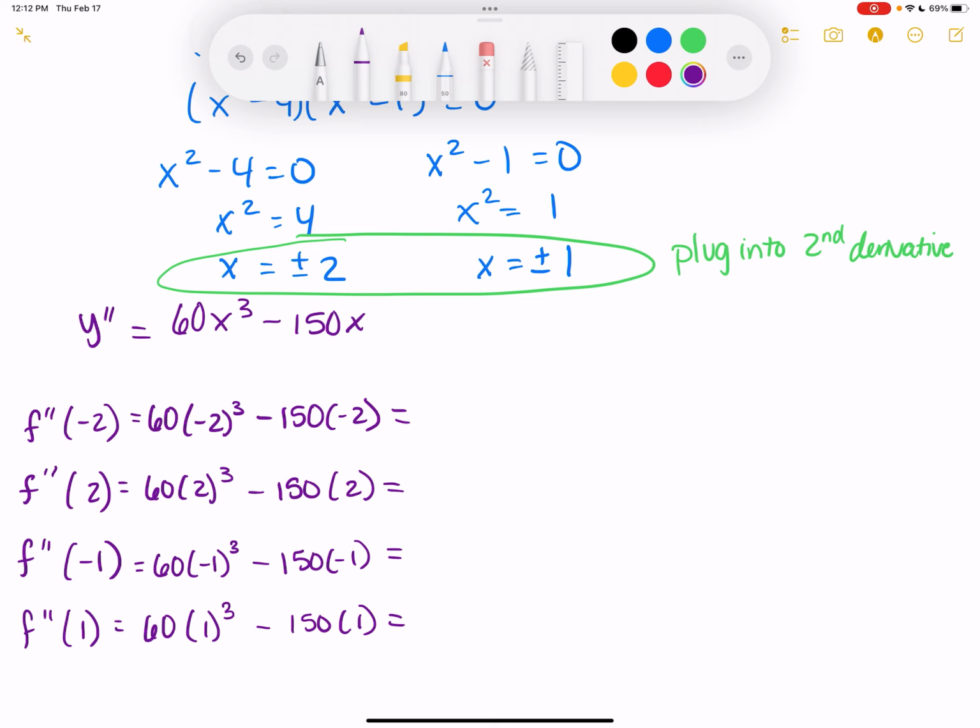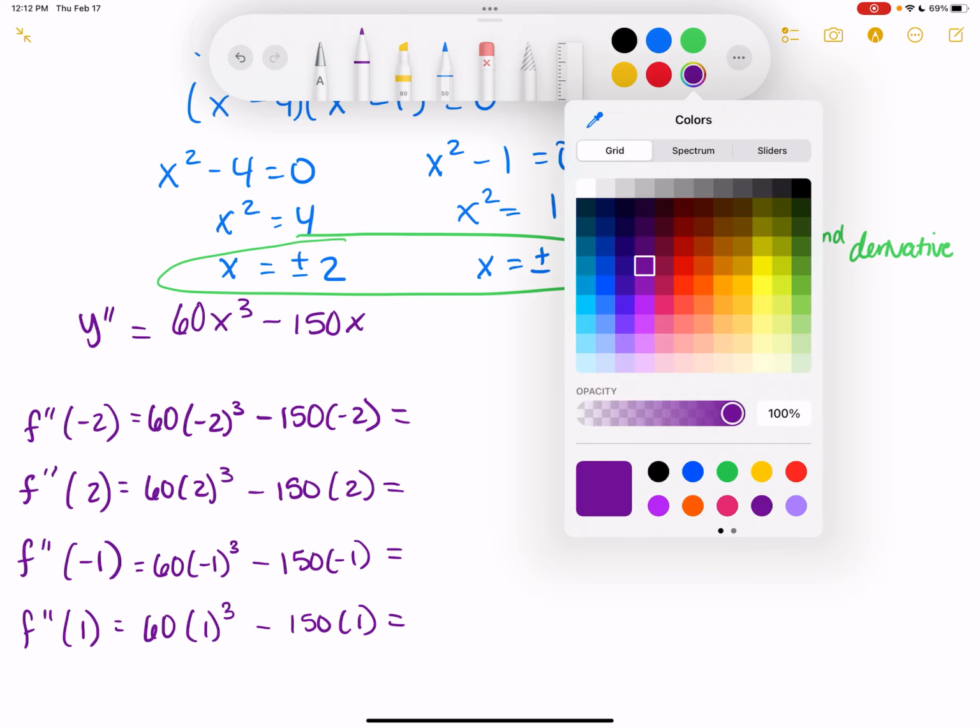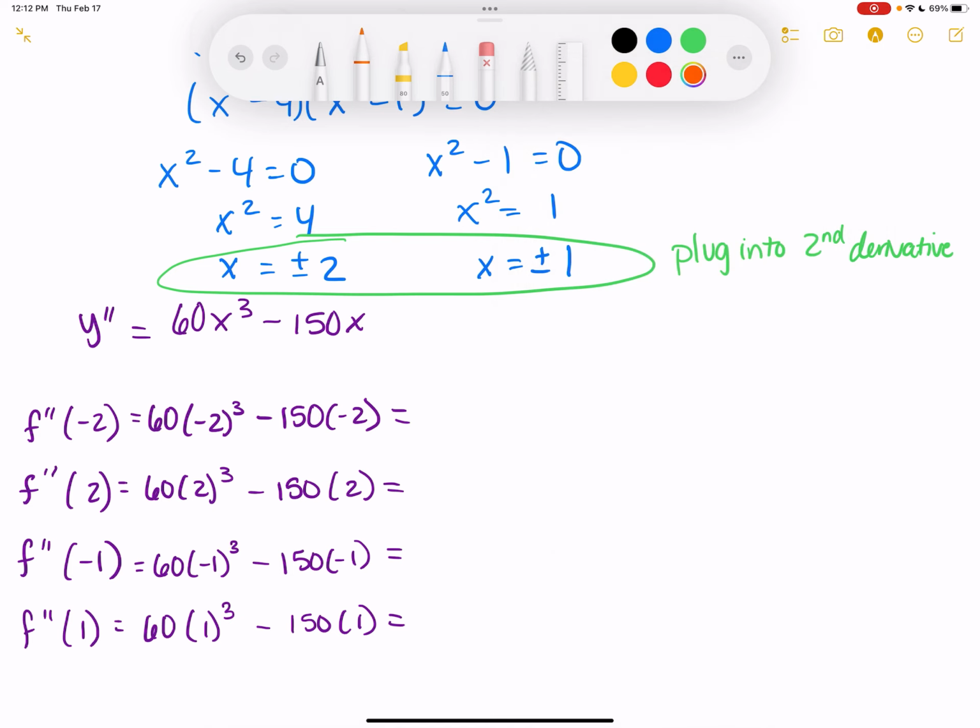And then I just want to see what each of these are equal to. So -2 cubed is -8 times 60. That's going to give me -480.